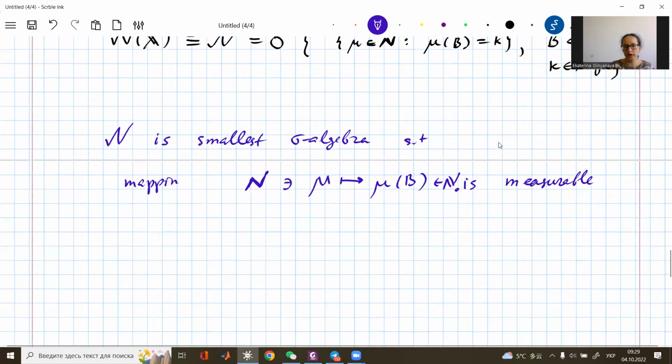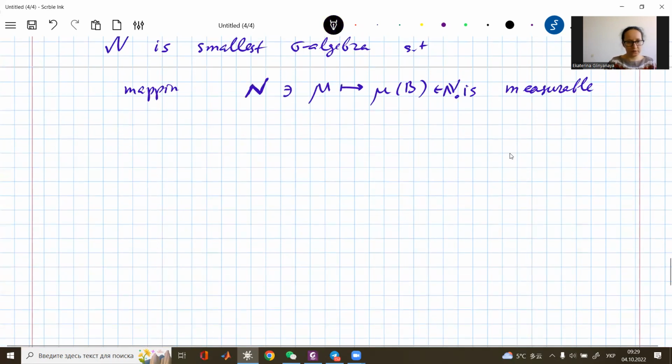So now we have a space and we have a sigma field on it. We can now give the definition of a random measure or of a point process. So this is the main definition of a point process.